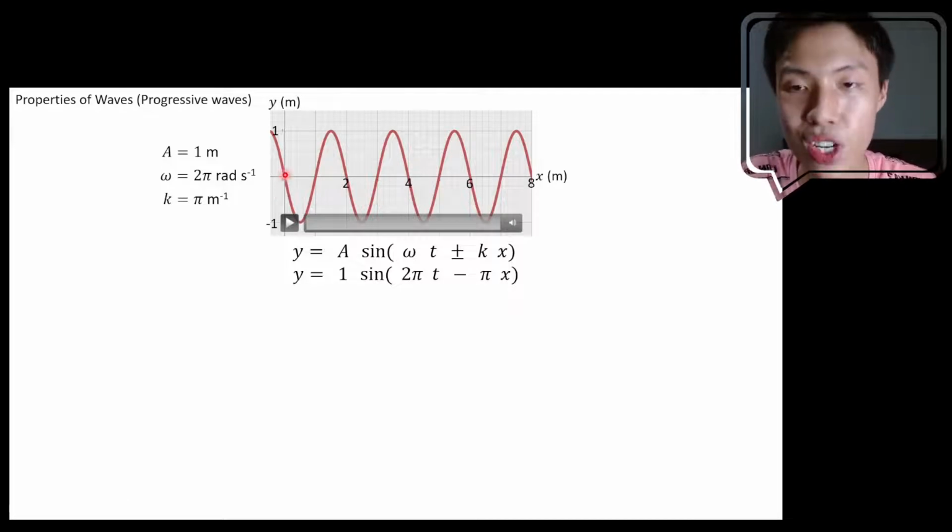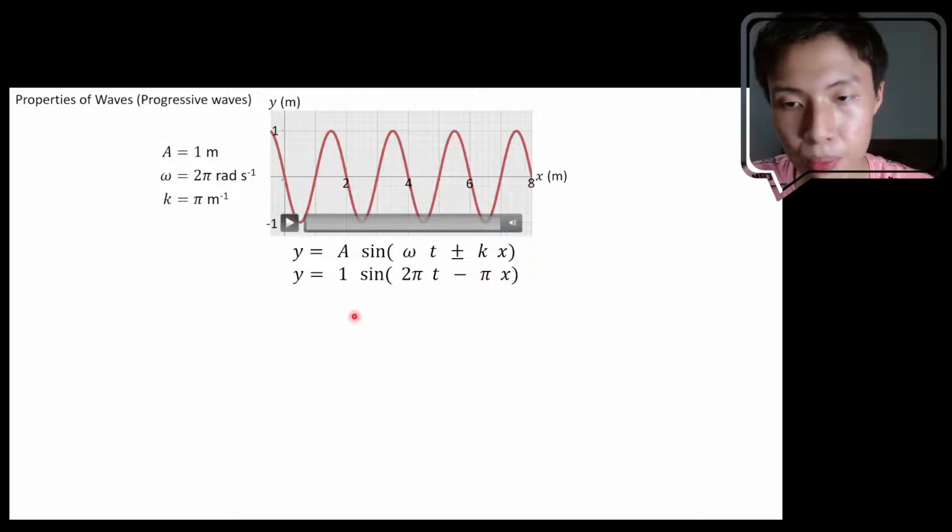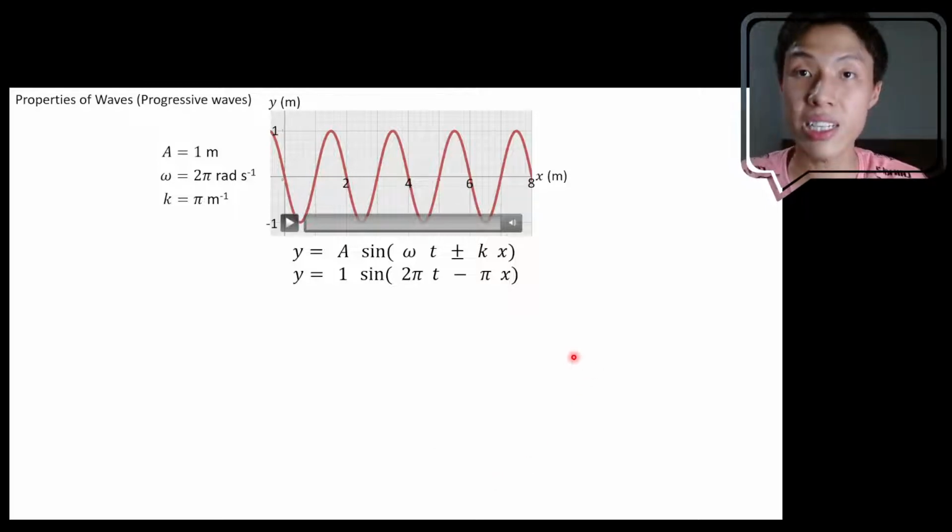This is what the motion of the particle at x equals 0 looks like. It starts by moving upwards, then downwards, then upwards. So if it's up, down, up, this is a positive sine curve.